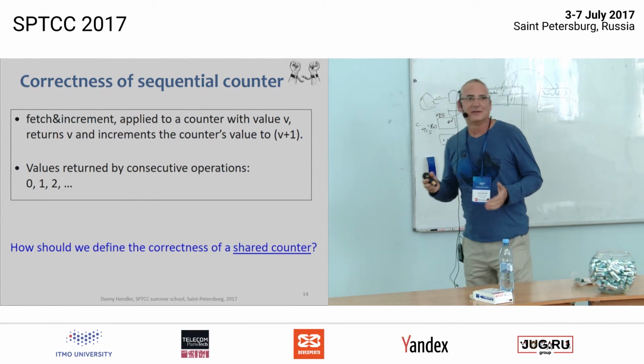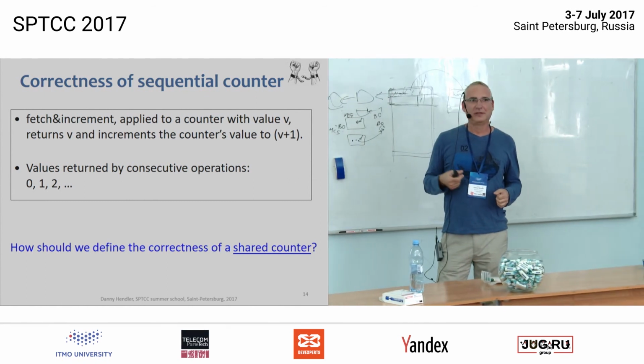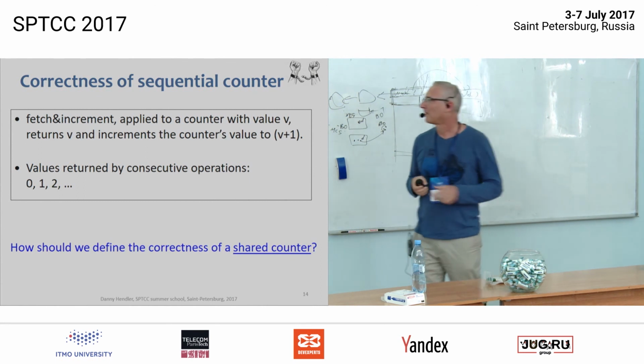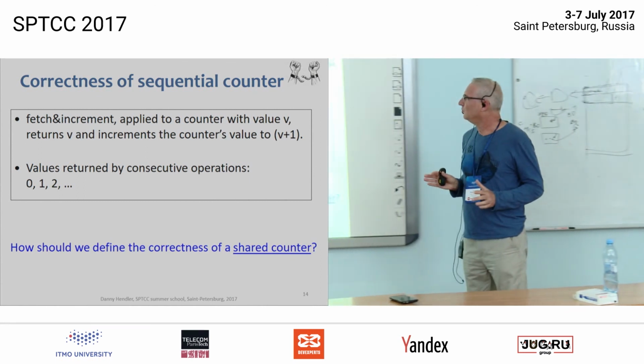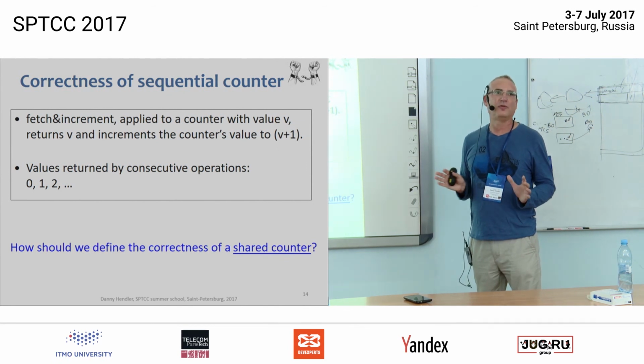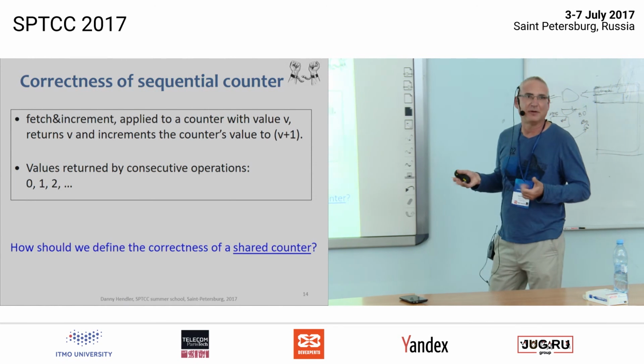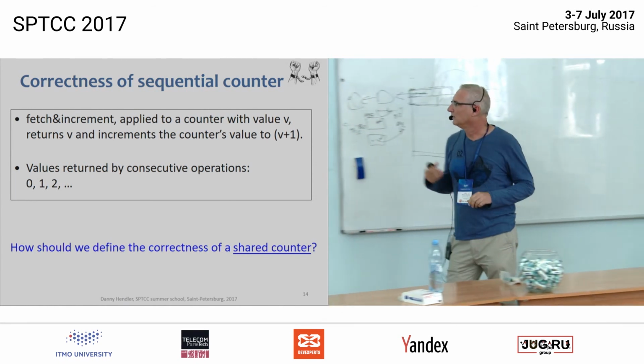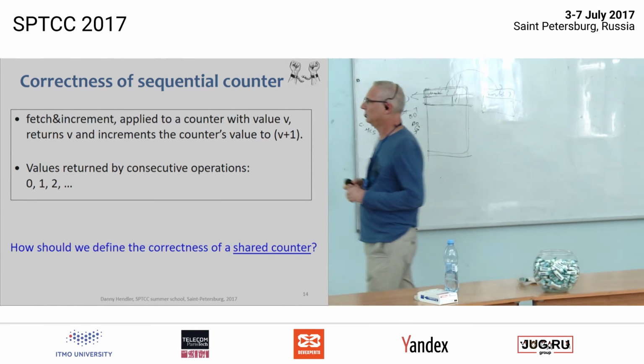Okay, so let's see what this definition means. In order to do that, let's first consider the correctness of a sequential object, a simple object, a counter, which only supports the fetch and increment operation.